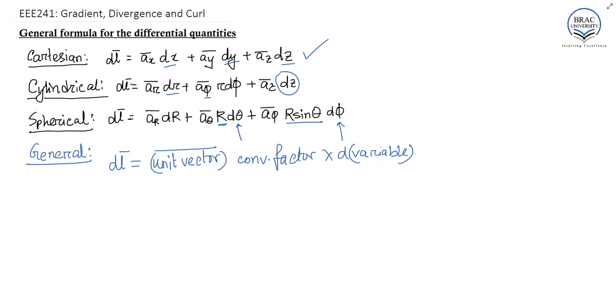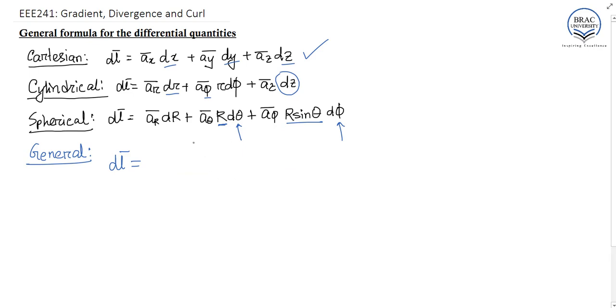In case of the Cartesian coordinate system, we're just using dx, dy, and dz directly, so there is no conversion factor. Alternatively, the conversion factor we're multiplying with dx, dy, and dz is 1. It's the same as writing 1 into dx, 1 into dy, and 1 into dz, right?